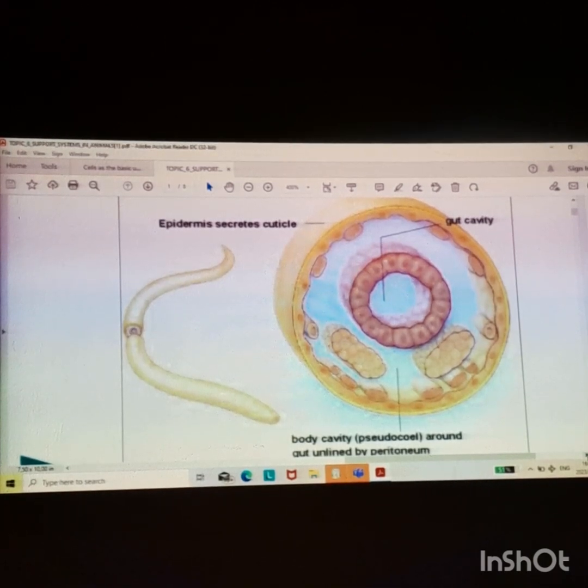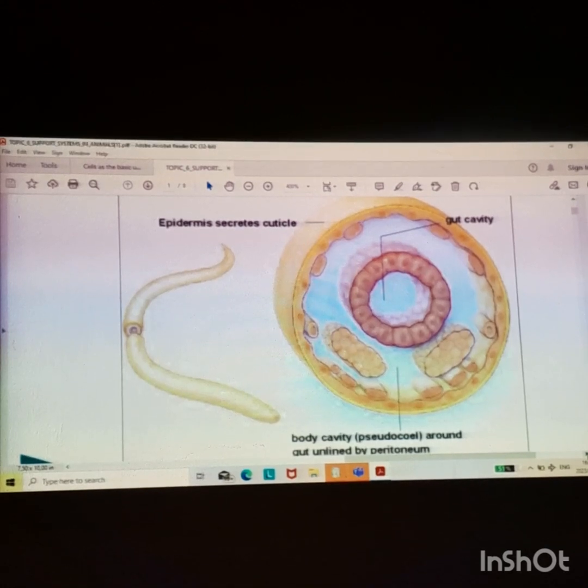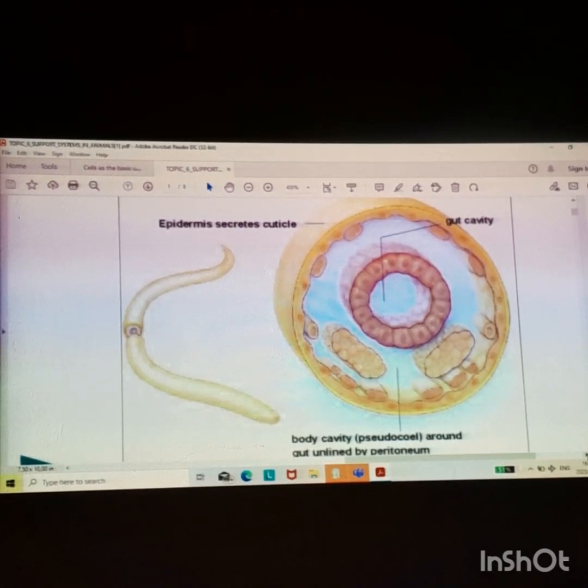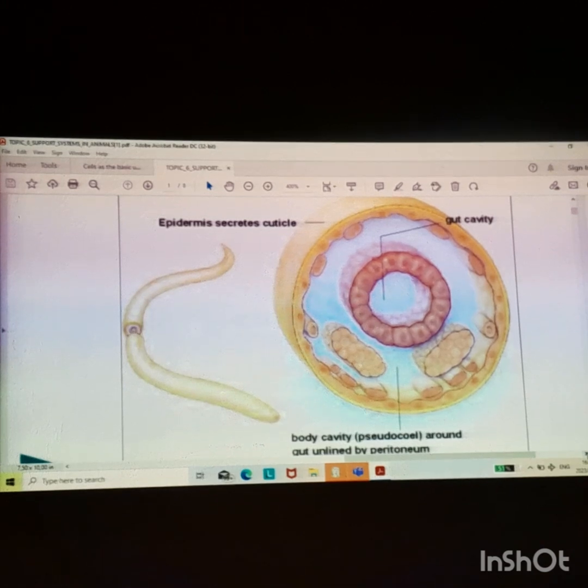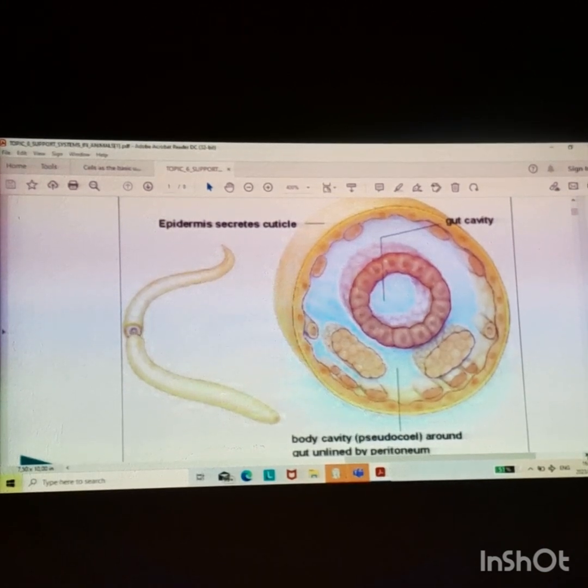It is not like other animals such as human beings and cows or mammals, which need a specialized system in order for survival.